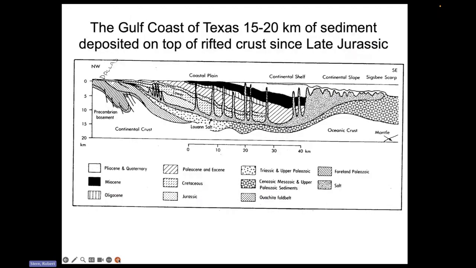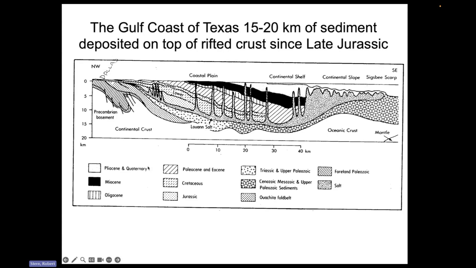Now here's a view across Dallas to the Gulf of Mexico. So here we've got the underlying crust, right? The focus here is on the sedimentary section. We talked about the Louann salt being deposited fairly early, and these salt domes that Brad was talking about rising here.